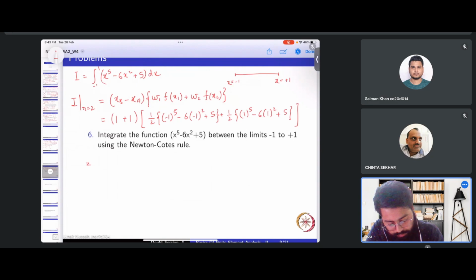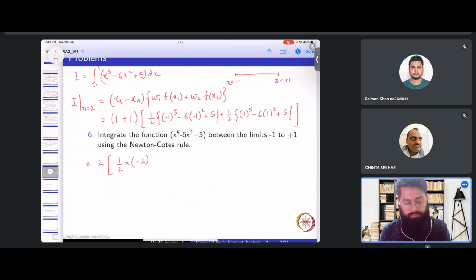So we get 2 times half of, minus 1 to the power 5 is minus 1, and minus 1 minus 6 plus 5. So that gives us minus 2. Minus 1, minus 7, plus 5 is minus 2.